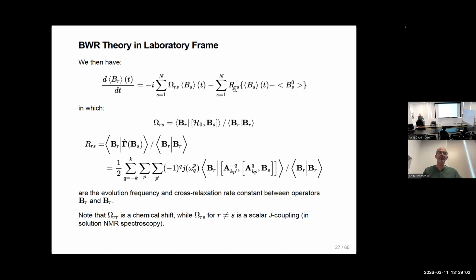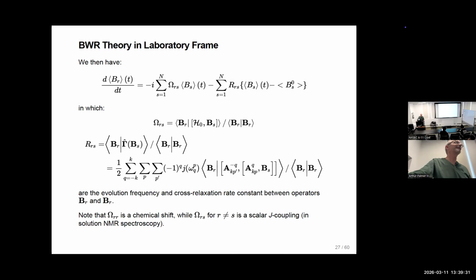So if R and S, for example, were Z, we would think that that's R1 relaxation. Auto relaxation, same operators on both sides, that's R1. If these are Z's but different nuclei, I would say this is the rate constant for IZ magnetization cross-relaxing and becoming SZ.